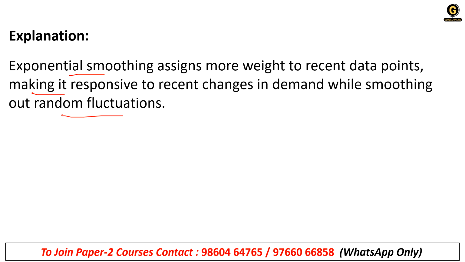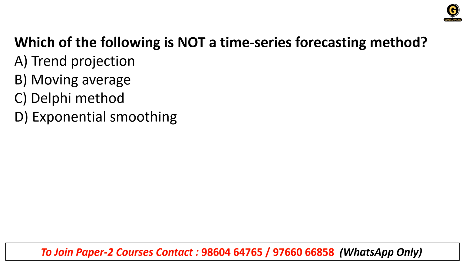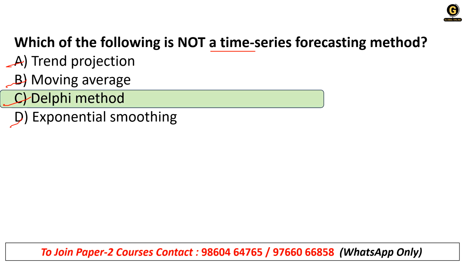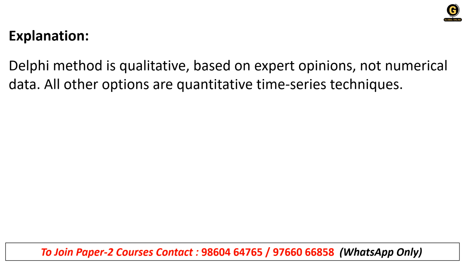This is the reason. Which of the following is not a time series forecasting method? A, trend projection, B, moving average, C, Delphi method, and D, exponential smoothing. So the right answer is option C, Delphi method. The Delphi method is qualitative, based on expert opinions, not numerical data. All other options are quantitative time series techniques. So this is the difference between the options.